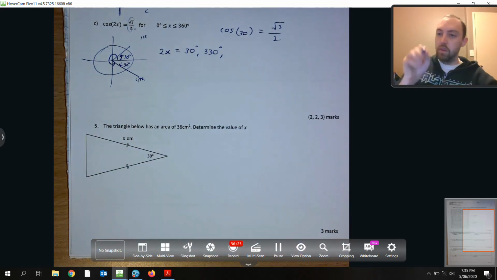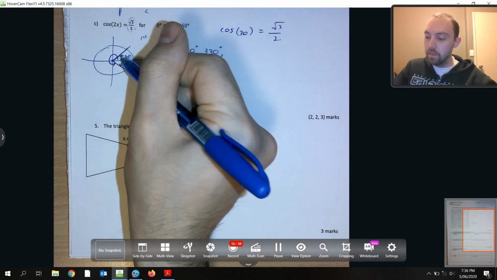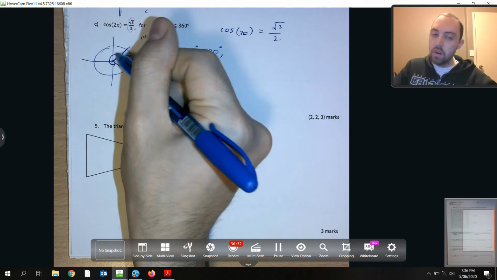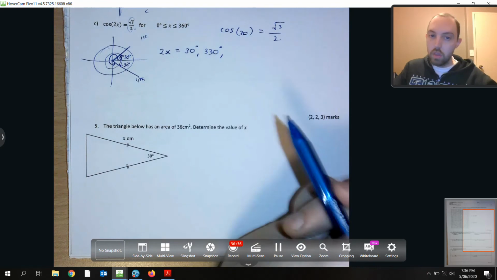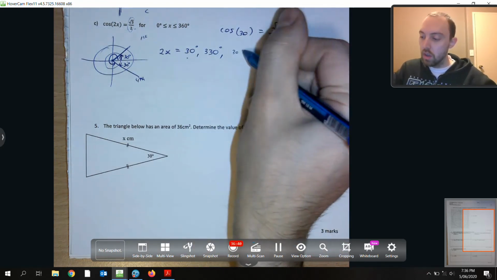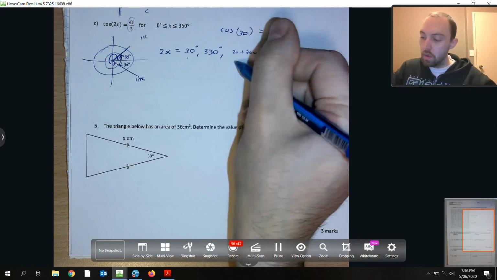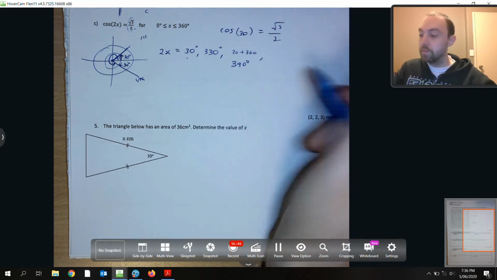Full period for cosine is an entire circle, so to get back to this line again, so I've got 30, and to go around the circle completely, I've got to add another 360. So what's 30 plus 360? Well, that's 390. Right.